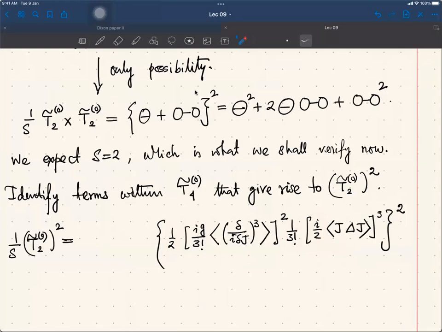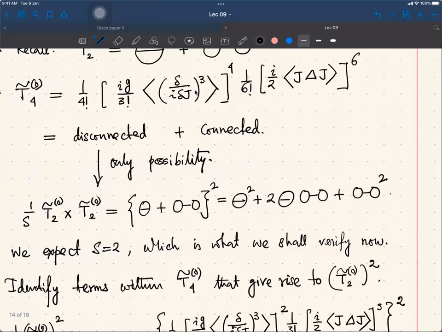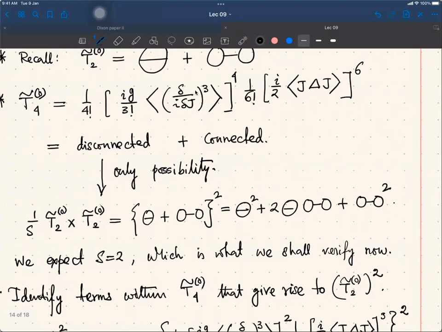So let us check how the factors are different from what we have here. In T tilde 0,4, we have 1 over factorial 4 and 1 over factorial 6.